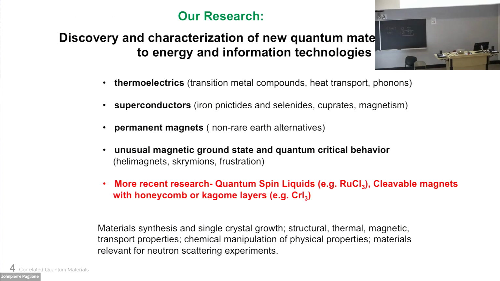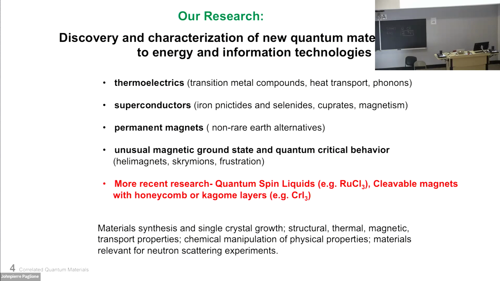And what we typically work on, in the past, we've worked a lot on thermoelectric materials, some on superconductors, some on permanent magnets that don't use as much neodymium or dysprosium, which are critical elements in terms of their availability on the Earth. We've also worked on a lot of materials with unusual magnetic ground states.